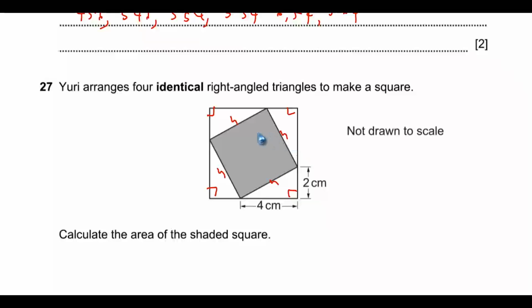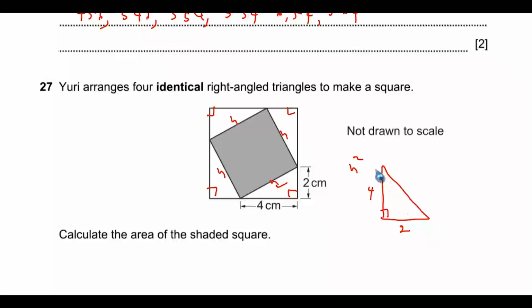If I denote the side of the shaded square by h, then the area of this shaded square will be h times h, that is h squared, as we know, length times length. Good. So I can find the value of h using this particular right-angled triangle, that is, Pythagoras theorem. This will be the right angle, this will be 2 centimeters, and this will be 4 centimeters.